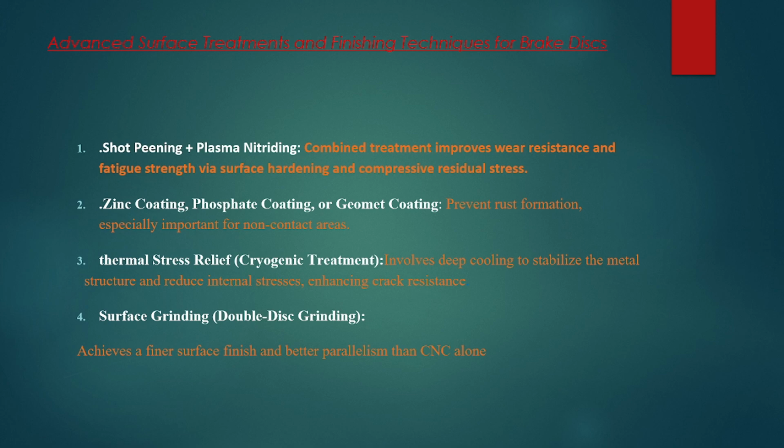We add a thin layer of zinc phosphate coating or a Geomet coating to prevent rust formation, especially important for non-contact areas. Thermal stress relief: the cryogenic treatment involves deep cooling to stabilize the metal structure and reduce internal stresses, enhancing crack resistance. And then surface grinding: double disc grinding achieves a finer surface finish and better parallelism than CNC alone.